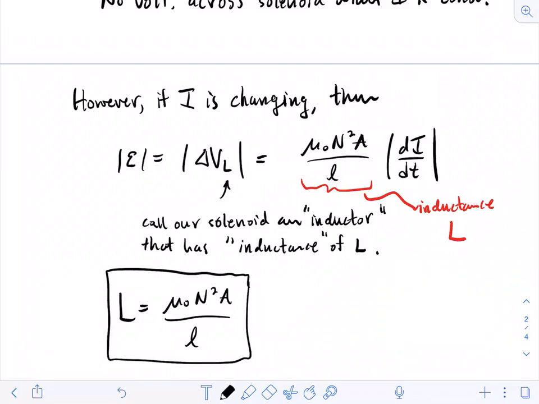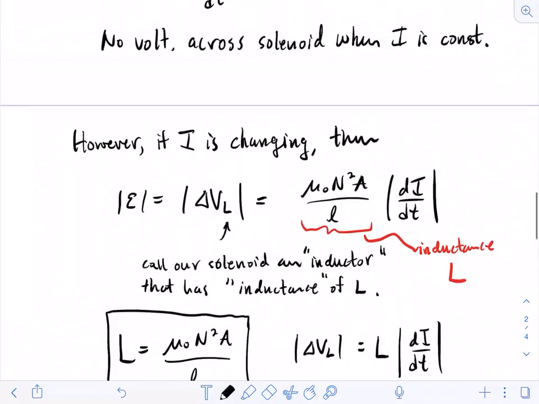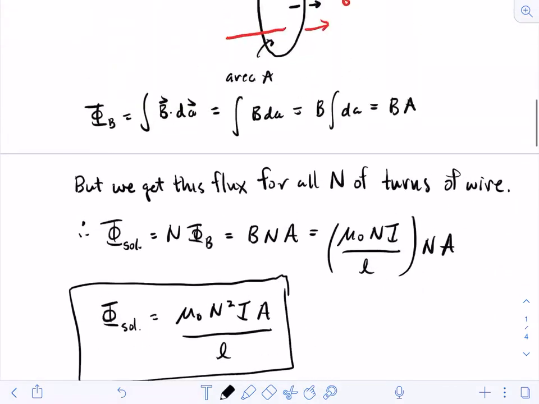Okay, so that's fine. Then we would say that the voltage across our inductor is equal to the inductance times this di dt. So I want to see if we can figure out the proper way to write this without having to say it's just the absolute value of the voltage. And so let's go back to our picture right at the beginning.